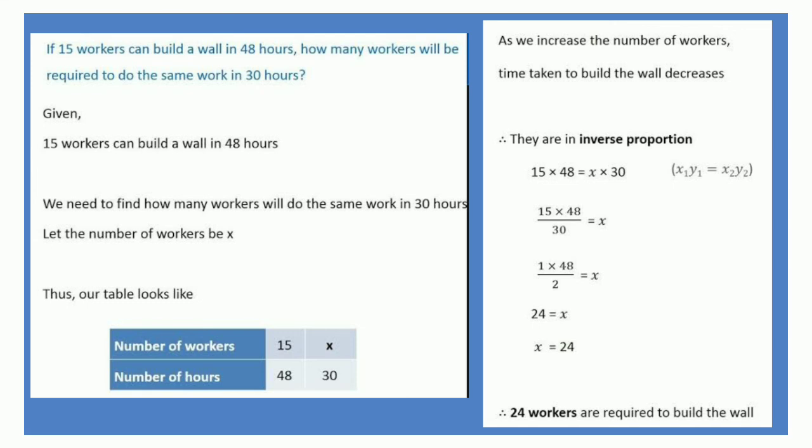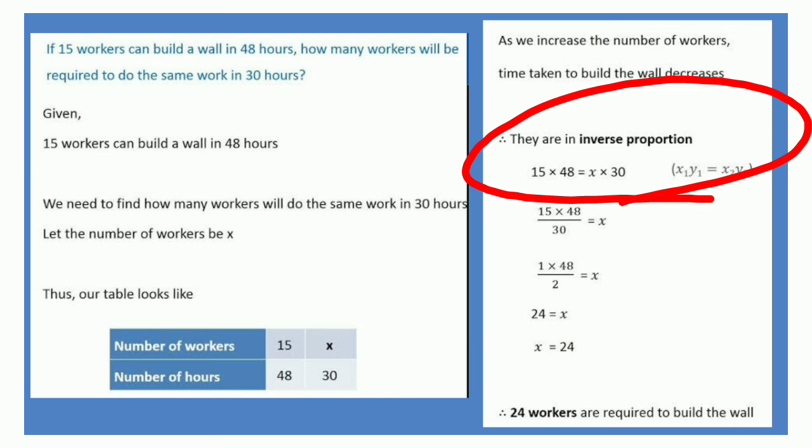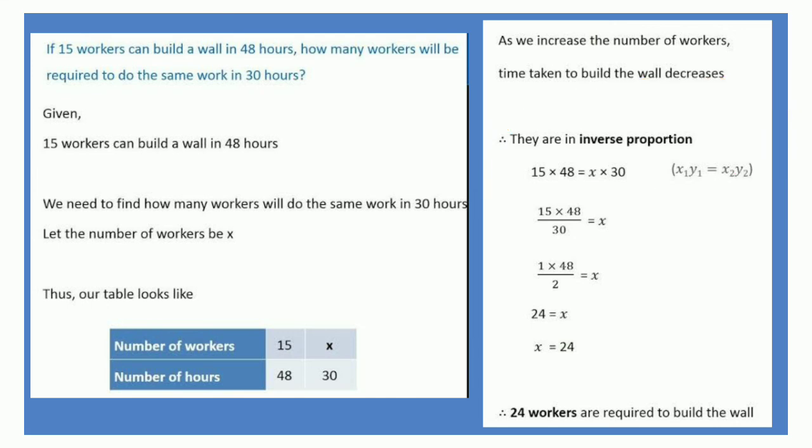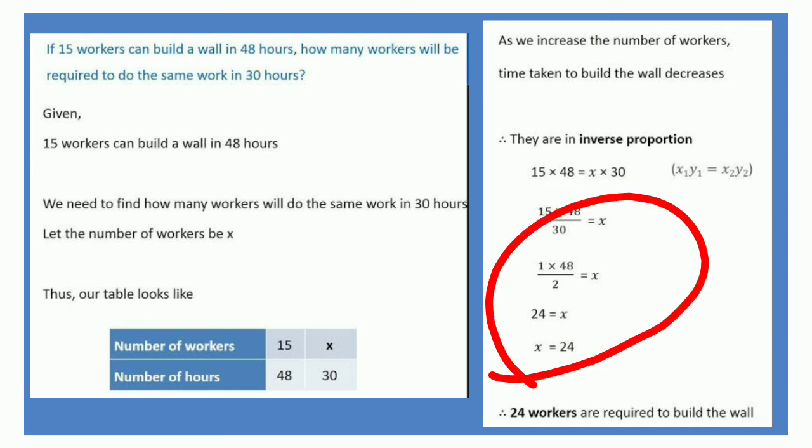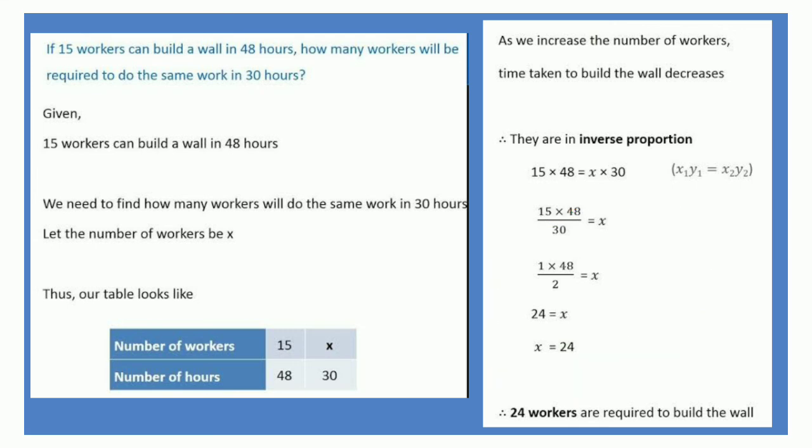So how to write here? 15 into 48 is equal to x into 30. That is x into y is equal to k. So cross multiply, you will get x equal to 15 into 48 divided by 30. Then after the cancellation, you will get x equal to 24. Therefore, 24 workers are required to build the wall.